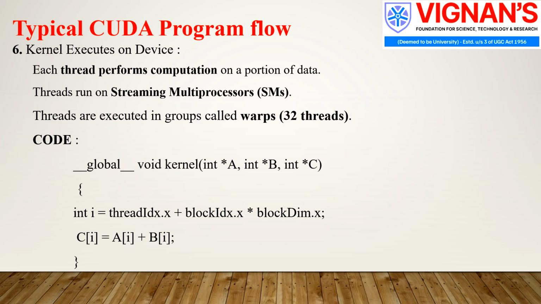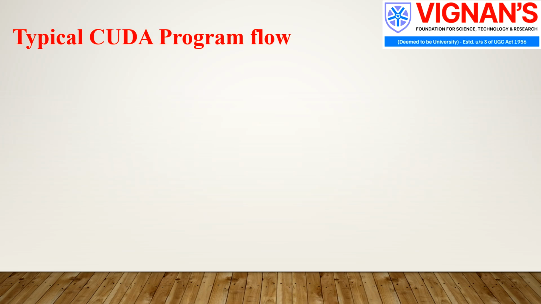The result of this addition is stored in the corresponding position of the output array. Because thousands of threads perform this operation at the same time, the computation finishes much faster than a serial CPU execution.